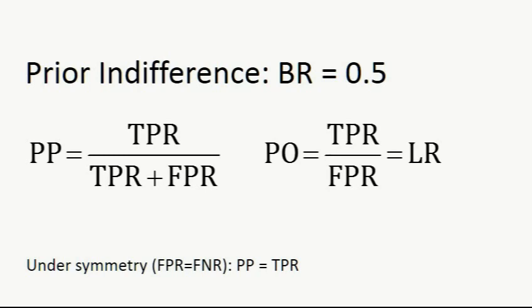Since typically the two error rates are quite similar, and therefore the denominator here is not very different from 1, we can say that under prior indifference the posterior probability is close to the true positive rate. And under symmetry, which remember means that the two error rates are equal, the posterior probability equals the true positive rate exactly.